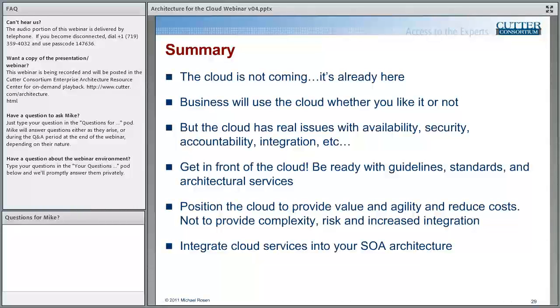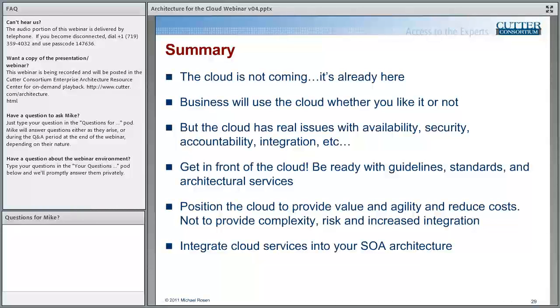So it's not a question of whether the cloud's coming. The cloud's here, right? And the business is going to use the cloud whether we like it or not. But the cloud has issues, and we've talked about availability, security, accountability, integration as some of the particular issues of the cloud.